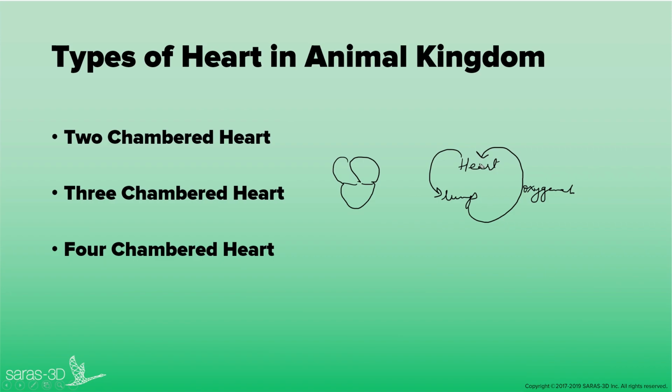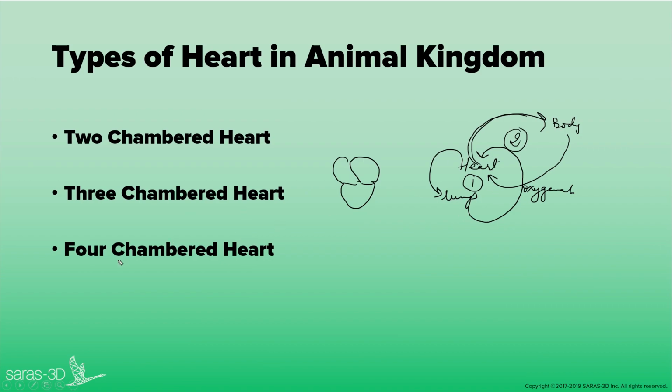And this oxygenated blood is then sent to the body and returned to the heart. So there are two loops, one which goes to the lungs and gets back to the heart, and the other, where this oxygenated blood is taken by the body, which is the second loop. This kind of system is seen in land animals, as they need more pressure in the blood to supply all parts of the body.